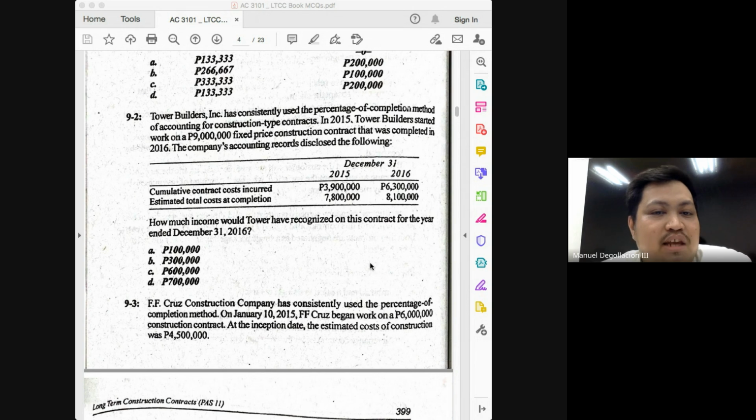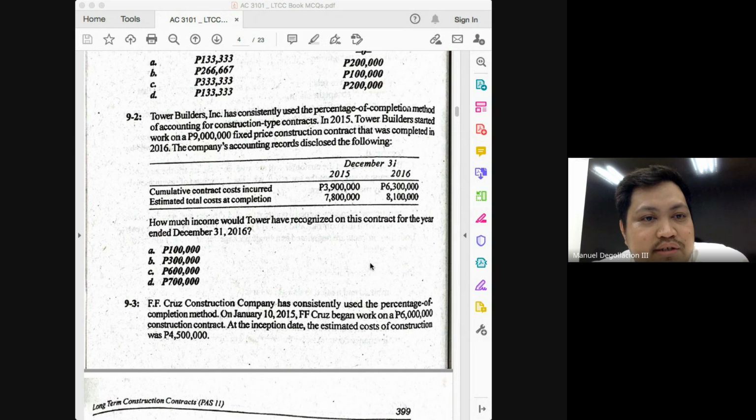For 2015, are we given the cost at completion? Yes. What is this cost at completion I'm looking at? Estimated total costs at completion. So it's given already. But again, don't expect that to always be given. So we already have the cost at completion and we also have our contract price.